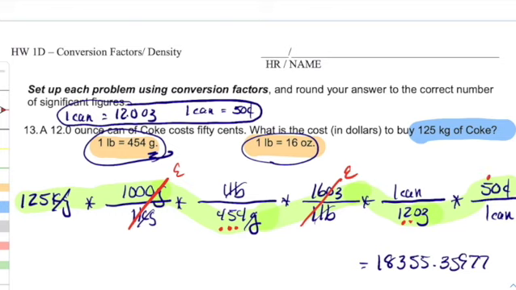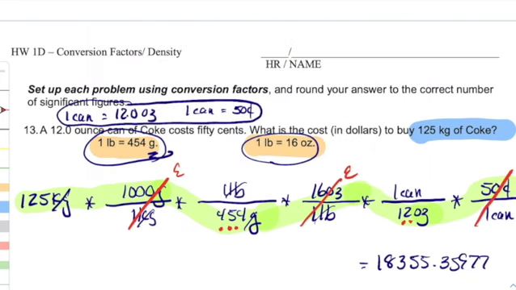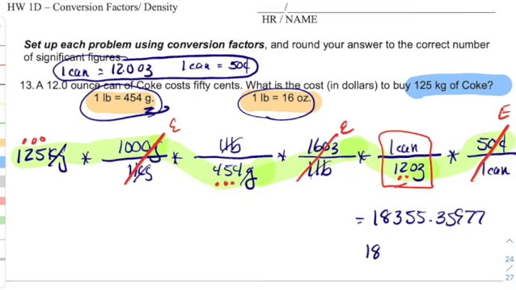And this would also be, well, no, I think this one, let's get rid of that. I take that back. 1 can, there's no question. If you show up to the store with 49 cents, you are out of luck, right? So that's going to be an exact number too. We should round to the 2 sig figs that are in 12 ounces. This would be 18,000 cents.